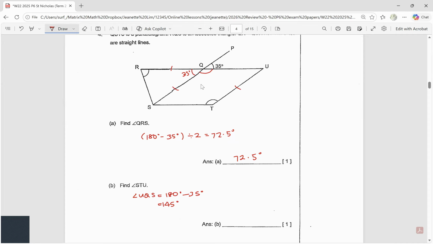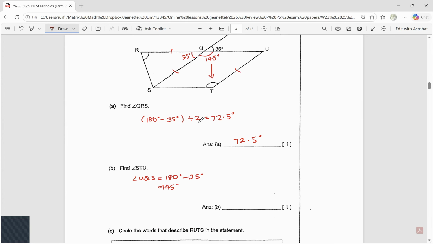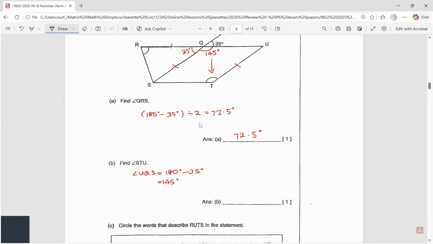So if this is 145 degrees, it's also same as this, because it's a parallelogram as given in the question.